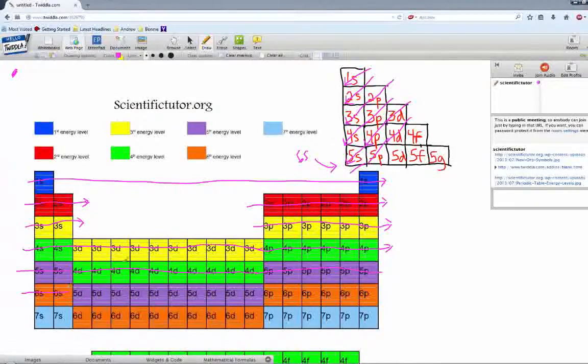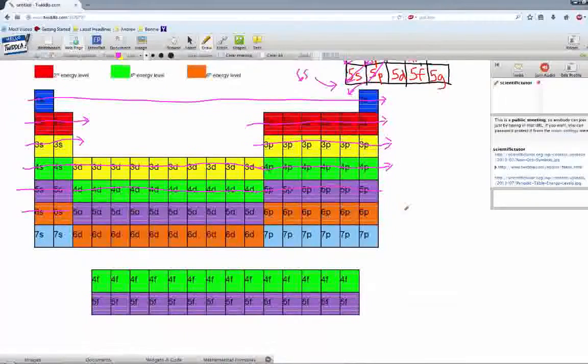Then we go through what? As we end at the 6s down here, we come back up to the 4f. Where are the 4f? The 4f are down here at the bottom. So this is where the f orbitals shoot in.